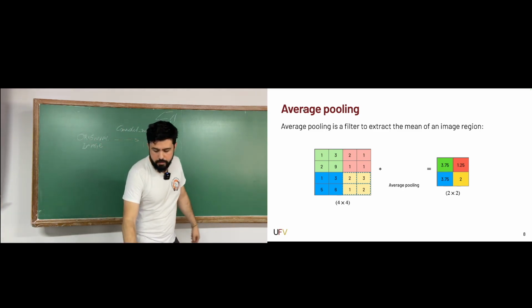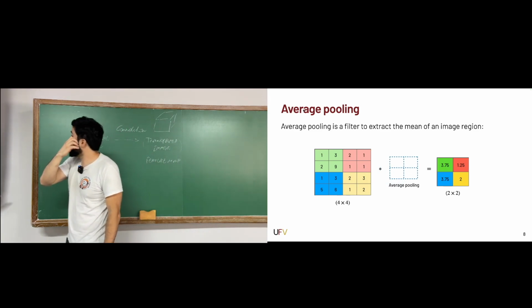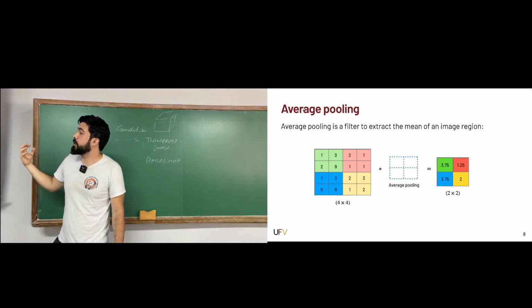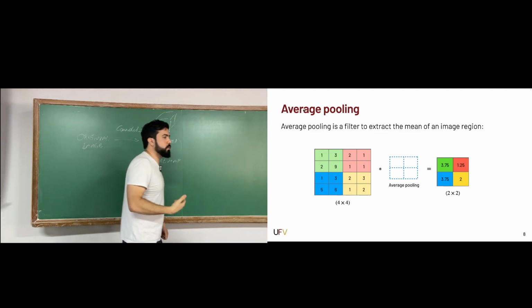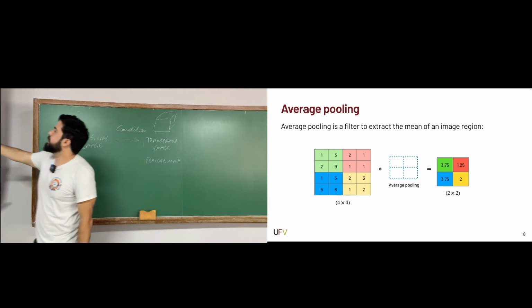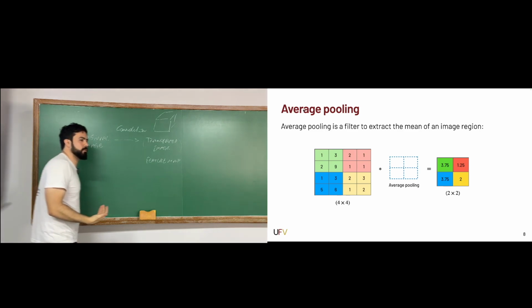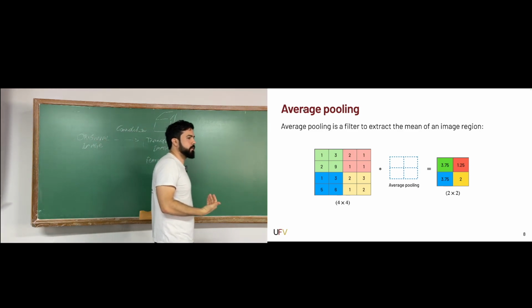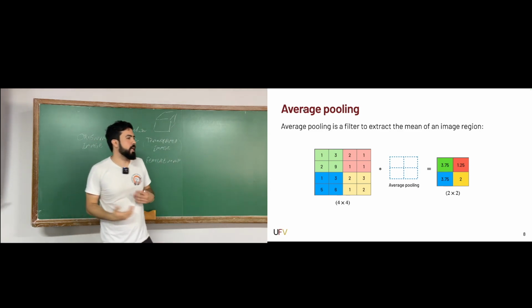And that's going to give you a smaller image because it's a convolution, right? One thing that is interesting here is that if you use a stride of 2, you're going to see that a pooling layer is going to actually decrease the size of your image by half. So it's a very drastic change, right?